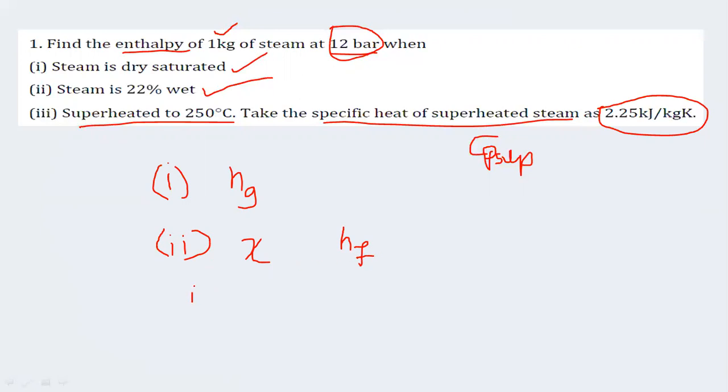Then the next thing is you need to find out the enthalpy of superheated steam. For the enthalpy of superheated steam, we have to find out h sup.